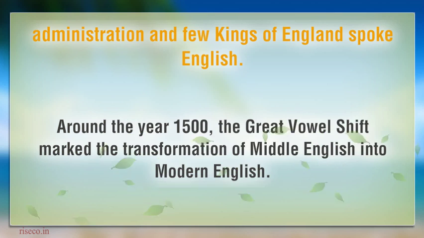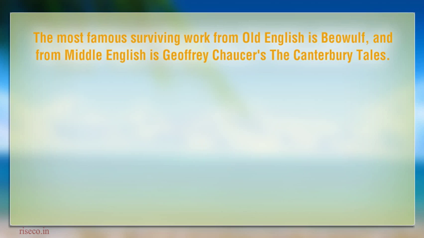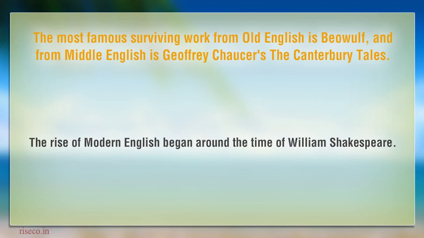Around the year 1500, the Great Vowel Shift marked the transformation of Middle English into Modern English. The most famous surviving work from Old English is Beowulf, and from Middle English is Geoffrey Chaucer's The Canterbury Tales. The rise of Modern English began around the time of William Shakespeare.